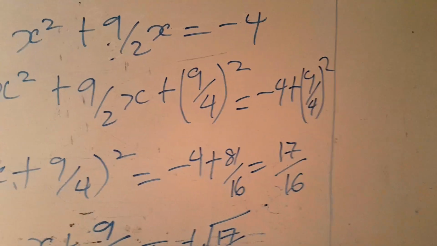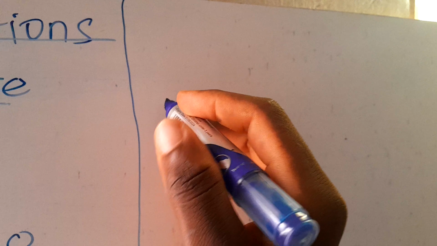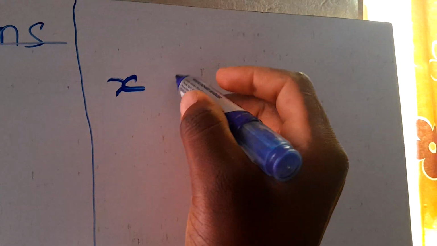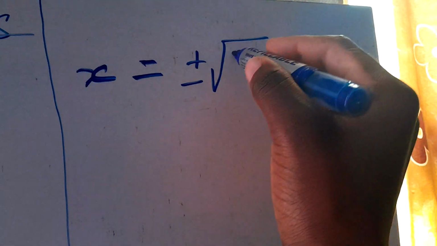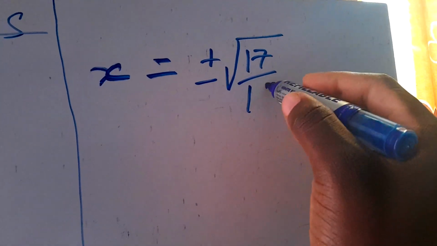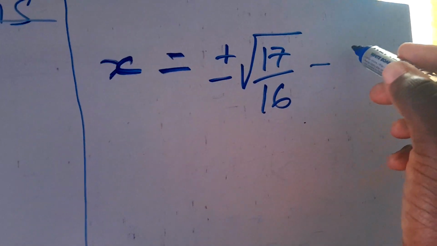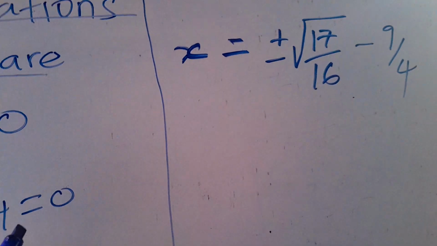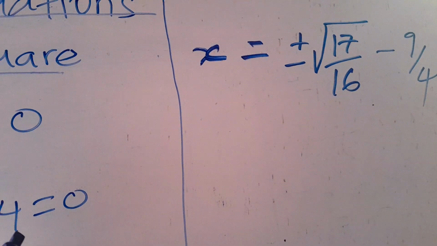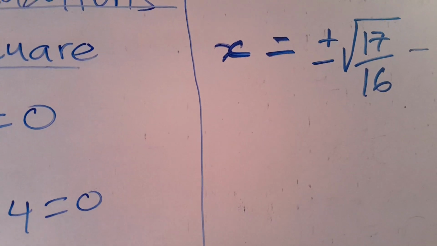What will we do? Our x is equal to plus or minus the square root of 17 over 16 minus 9 over 4.